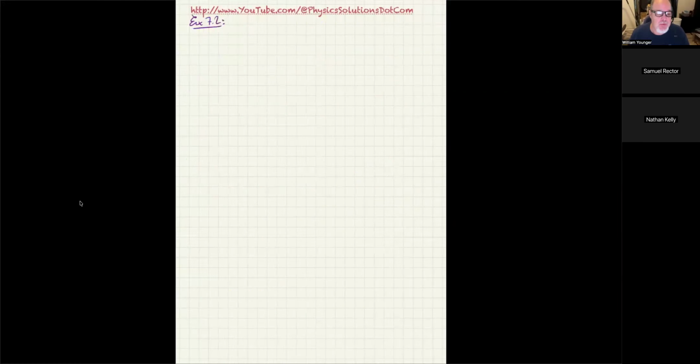All right, so example 7.2 says work on a backpack. It says A, determine the work a hiker must do on a 15.0 kilogram backpack to carry it up a hill of height h equals 10.0 meters, as shown in figure 7.4a. Determine also B, the work done by gravity on the backpack, and C, the net work done on the backpack.